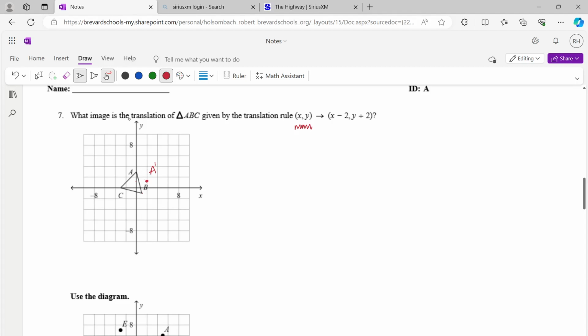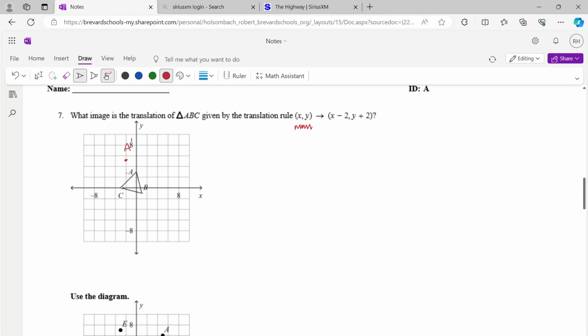I'm sorry, I said that wrong. If we're subtracting 2 from the x, we're going left 2. And if we're adding 2 to the y, we're going up 2. So from point A, we're going to go 2 left, and we're going to go 2 up. So here's A prime.